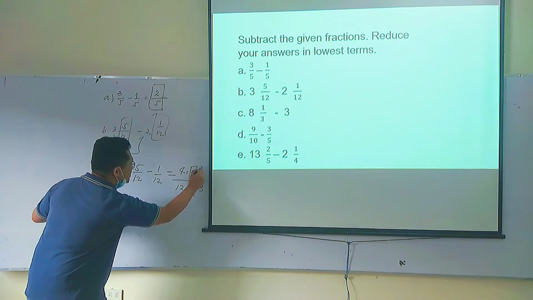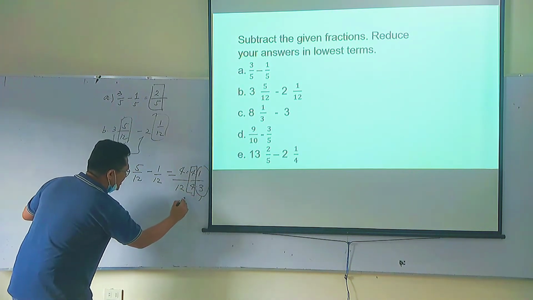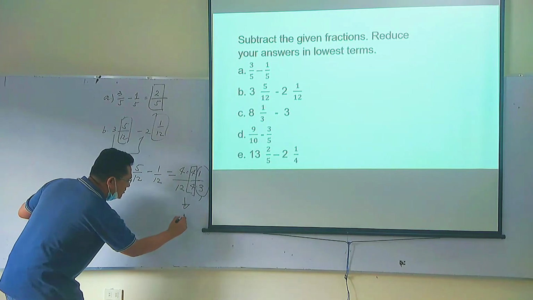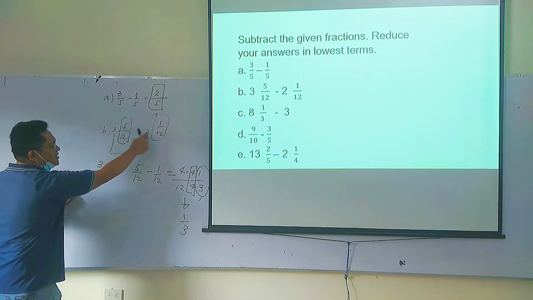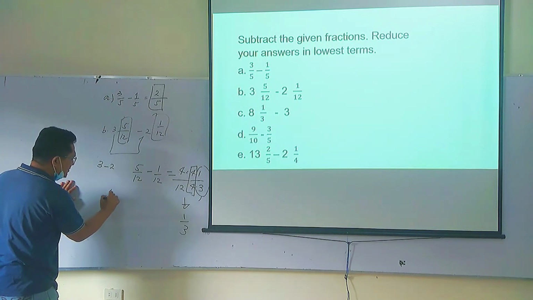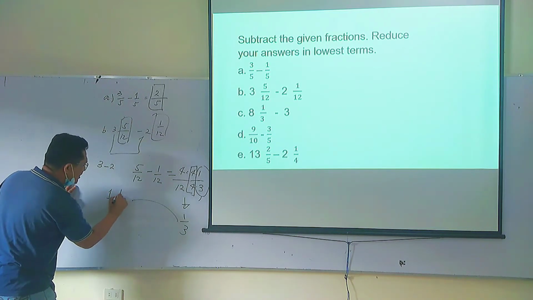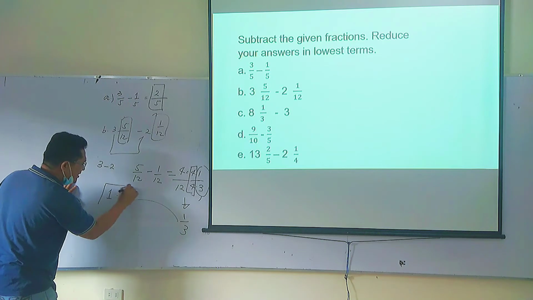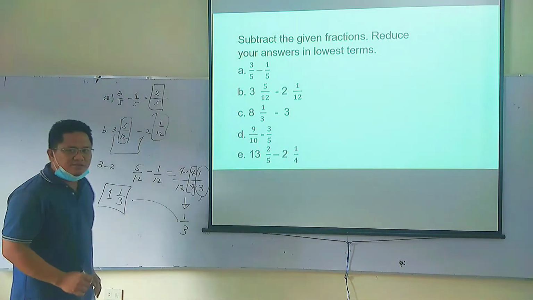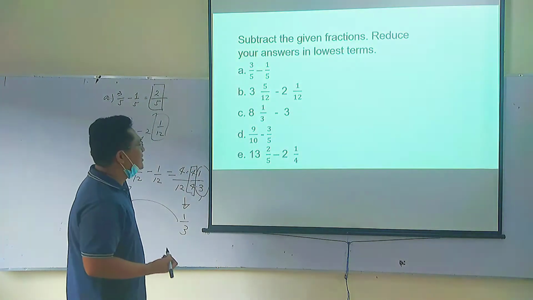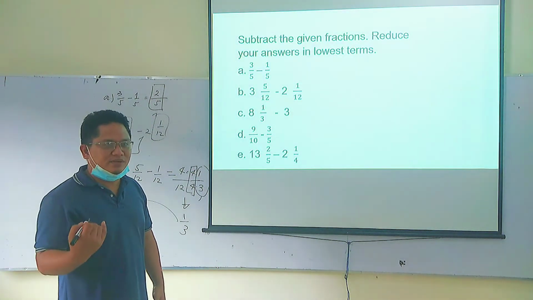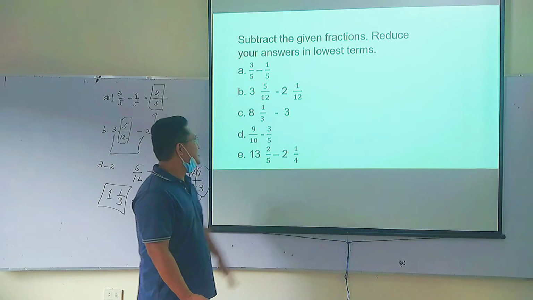So if we combine this 1 over 3 here, take note, for clarification, this is now 1 over 3. Then combine this 3 minus 2. So we have 1. So you have 1 and 1/3. Our final answer in its simplest form is 1 and 1/3. So that's how we subtract mixed numbers that are similar.